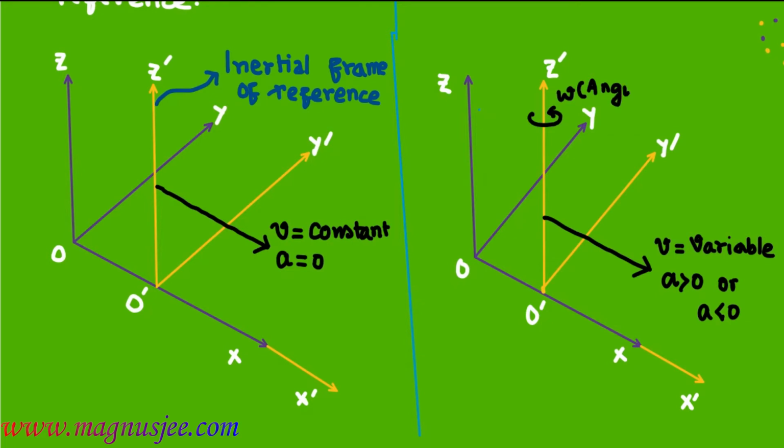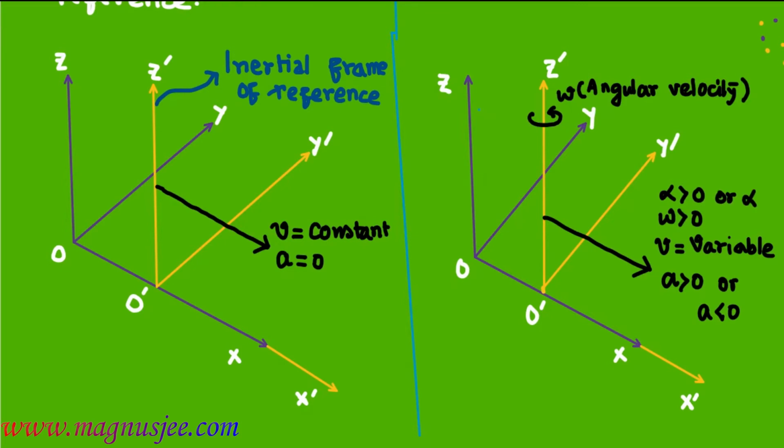Omega is the angular velocity with which the new set of axes can rotate, and this new set of axes is a non-inertial frame of reference, because it is moving with variable velocity and with certain acceleration with respect to the initial set of axes or with respect to the assumed inertial frame of reference.